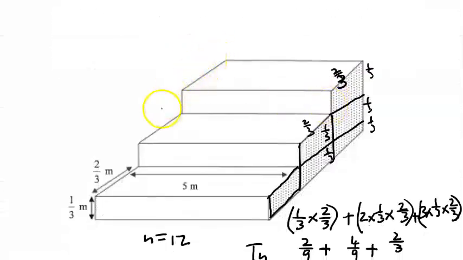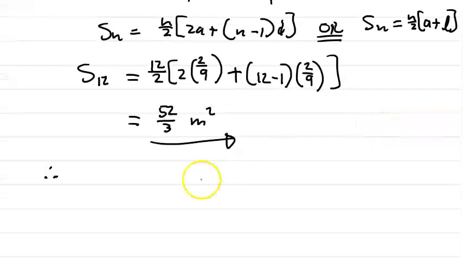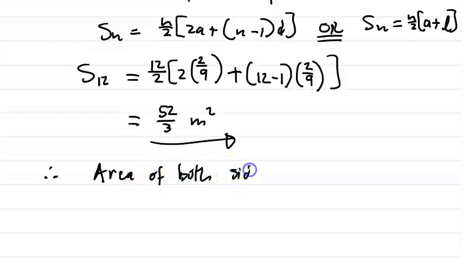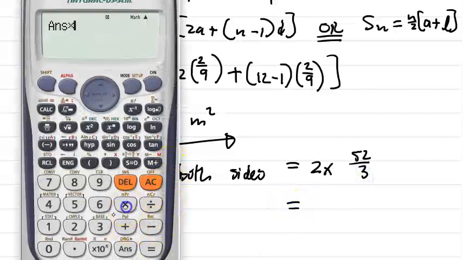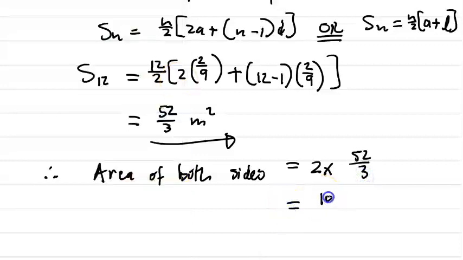So for the area of this side, we just have to multiply whatever we have by 2. So the area of both sides will equal 2 times 52 over 3, which equals 104 over 3 meters squared.